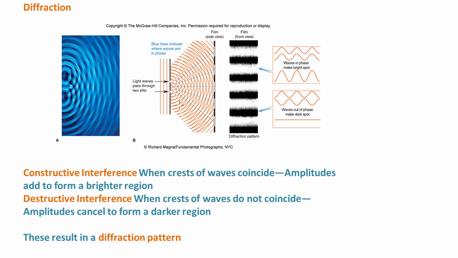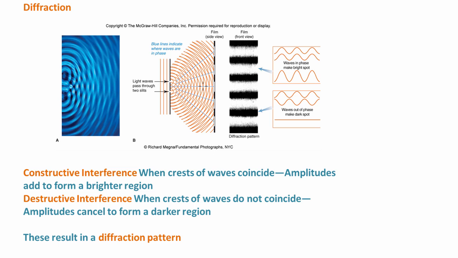As far as diffraction goes, if we have two slits, and again, they're about the size of the wavelength, the light passes through these slits, and what we can have is something called constructive or destructive interference.